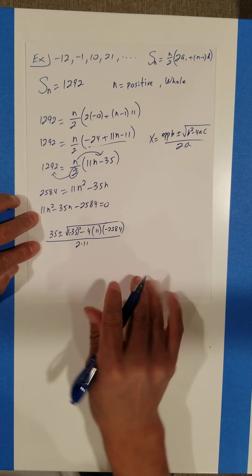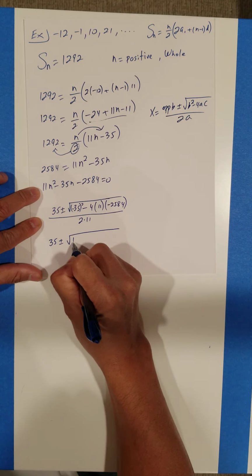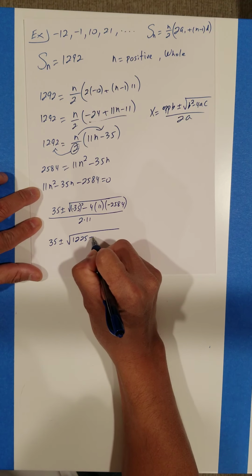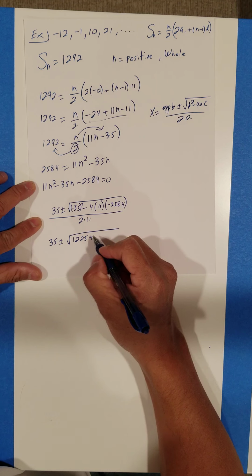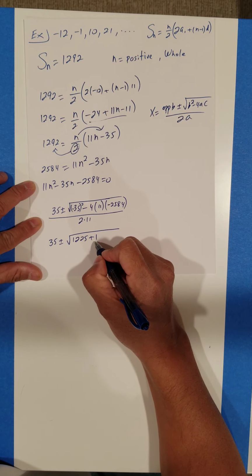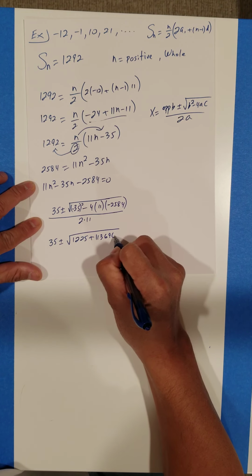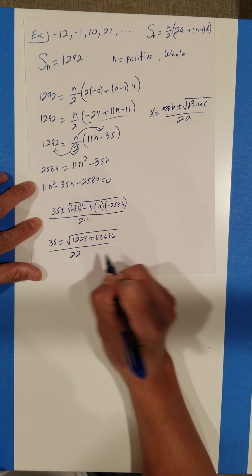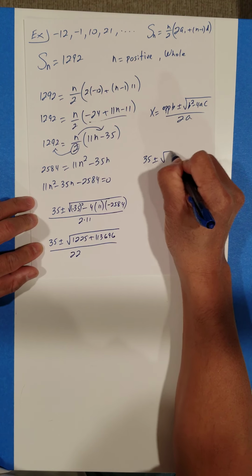Okay, so we get here 35 plus or minus the square root of 1,225 plus, right, negative 4 times 11 times negative 2,584. So that gives us 113,696. Remember, it's all over 22. Okay, so I'm going to continue over here. 35 plus or minus square root.